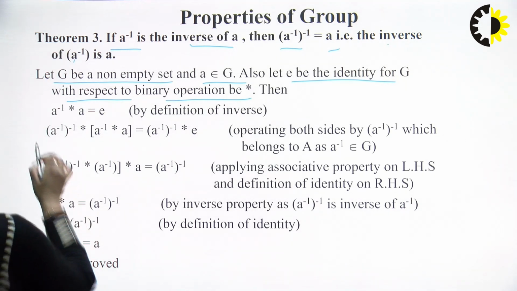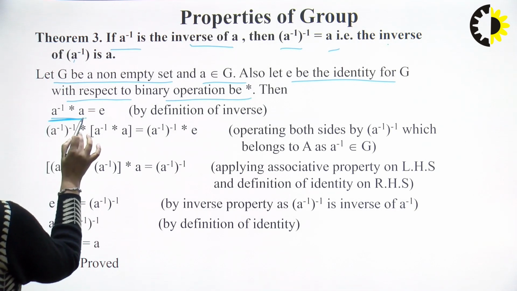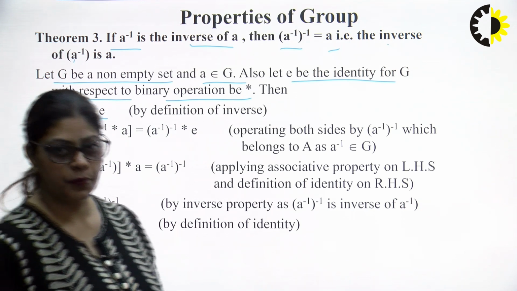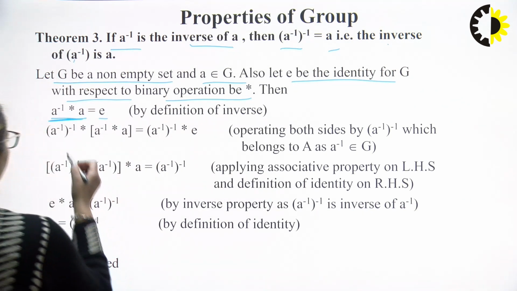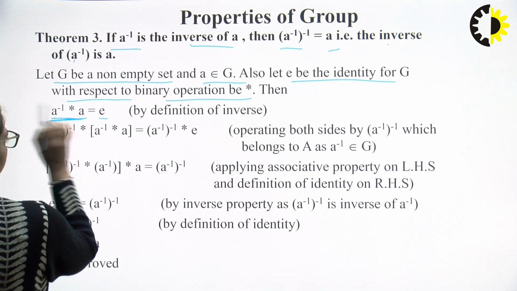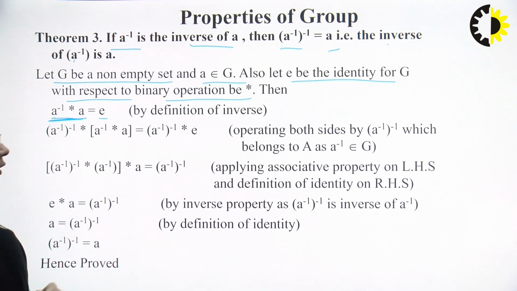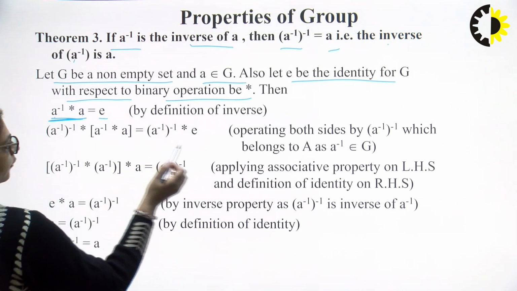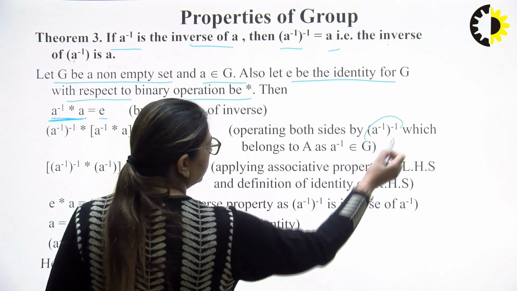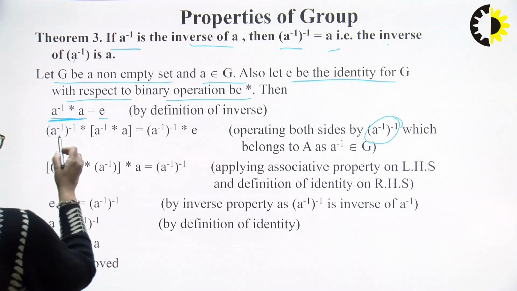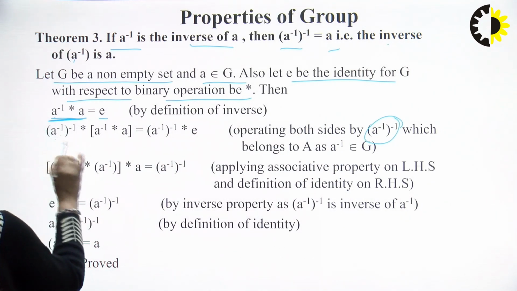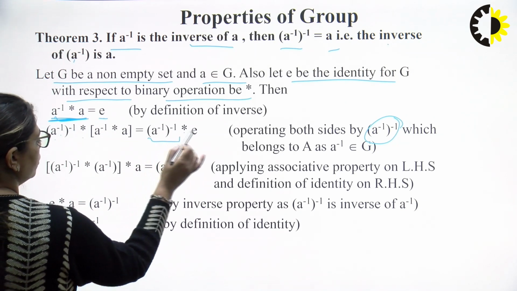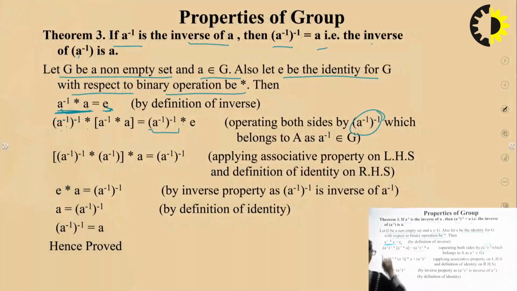Then A inverse into A is equal to E. We know this by the group's inverse property, right? If an inverse is operated with the element, we get the identity element. Now what we will do, we will operate both sides with A inverse on the left, A inverse into this whole, similarly A inverse into this identity element.